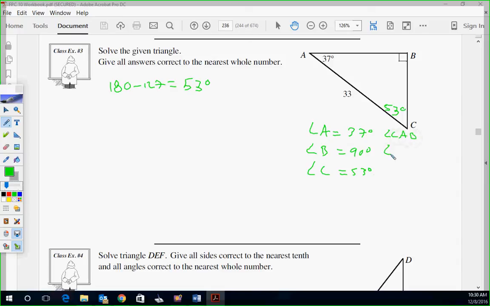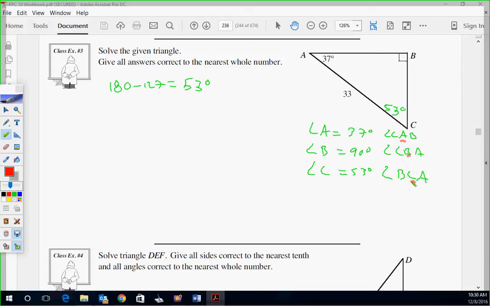This one could be ACB. Oops, no, sorry, that's angle B, so that could be CBA or ABC, it doesn't matter. And this one could be BCA. The only thing that matters is that the letter in the middle is where the angle is. It's just giving you 3 points to determine an angle. Don't be confused by that.